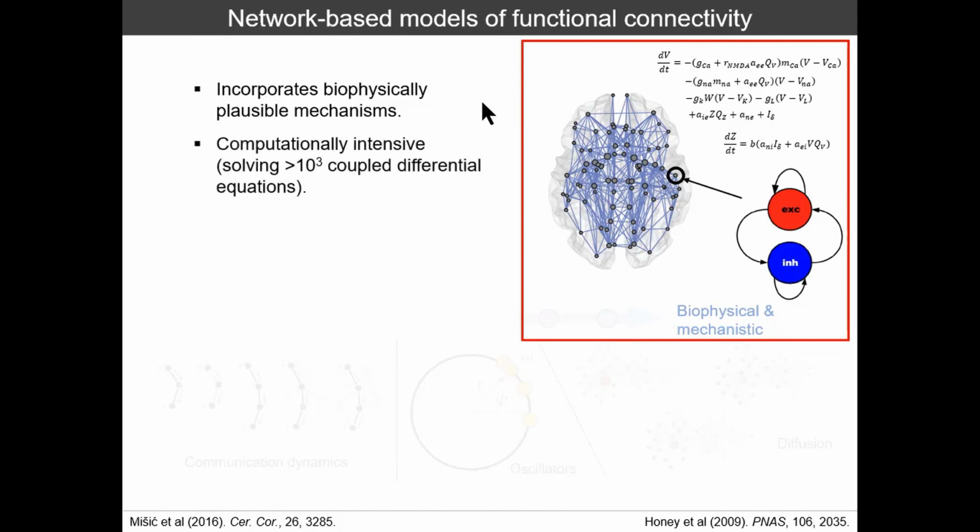But on the other hand, it's really computationally intensive. I don't know if you've ever worked with thousands or tens of thousands of coupled differential equations. Even if you have access to high performance computing, it takes a long time to generate these simulations. At the time some of these first studies were carried out, generating 10 minutes worth of simulated data took like 7 or 8 hours.